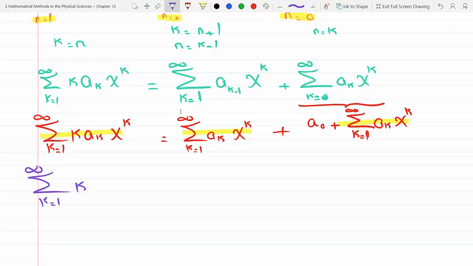Actually, they all have a to the k, so I'm also going to factor out a_k x to the k. So this will give me k plus 1. The last one is 1. These two are the same. So plus 1 is plus 2 a_k x^k, plus this a0 here, equals 0.